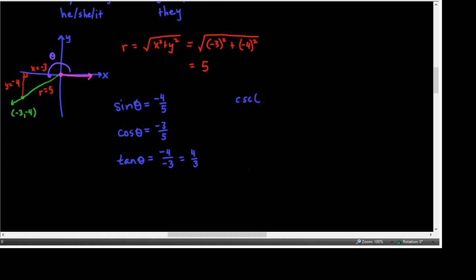Cosecant of theta is r over y, and 5 divided by -4 is -5/4. Secant of theta is r, which is 5 over x, which is -3. That simplifies to be -5/3. And cotangent of theta is x, -3 over y, -4. So that's 3/4.